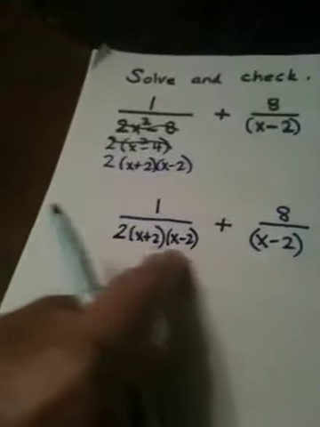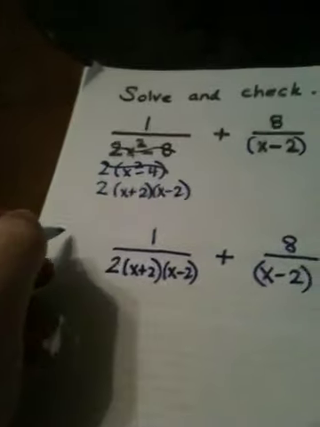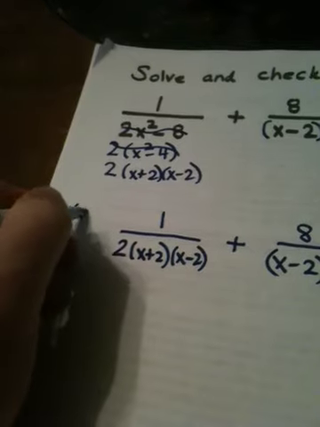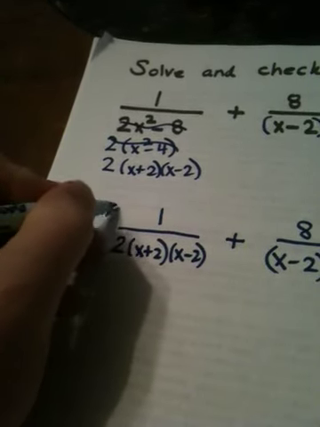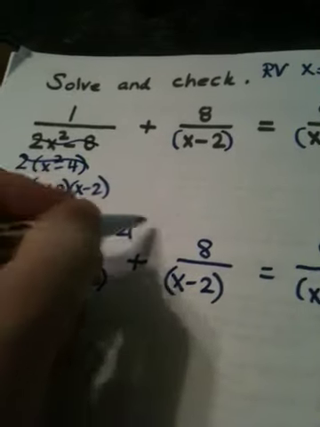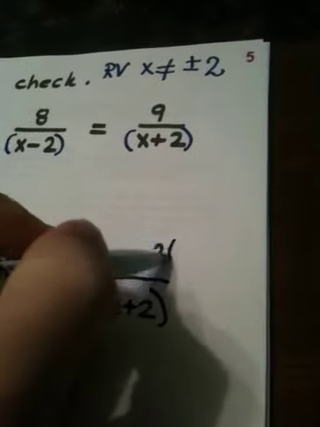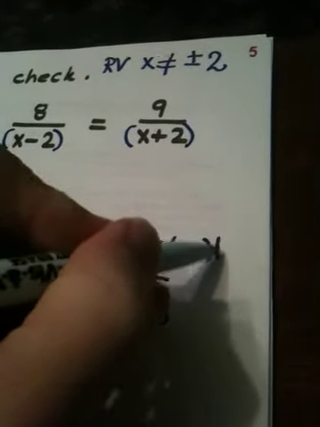The LCD will be this. It's got all the factors in it that we need from the denominator. So 2, x plus 2, x minus 2. We're multiplying 2, x plus 2, x minus 2, and another 2, x plus 2, x minus 2.